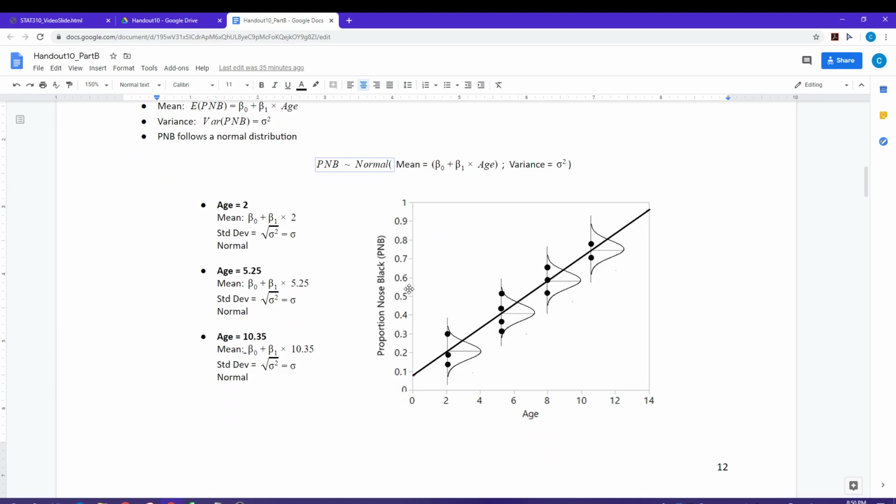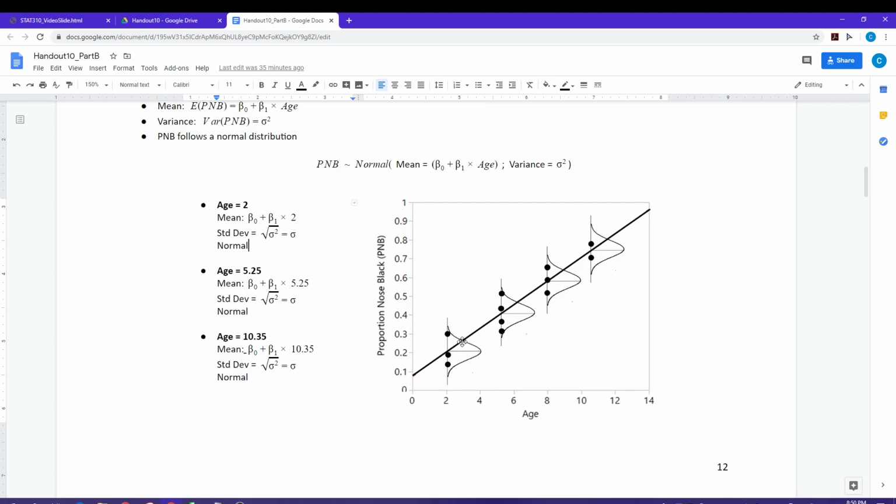So what does that mean in the context of data? So what that means is that if I want to figure out what the mean is of the distribution of proportion nose black for a lion that is 2 years old, what I'm going to do is use the line to estimate the mean here. It's given right there.